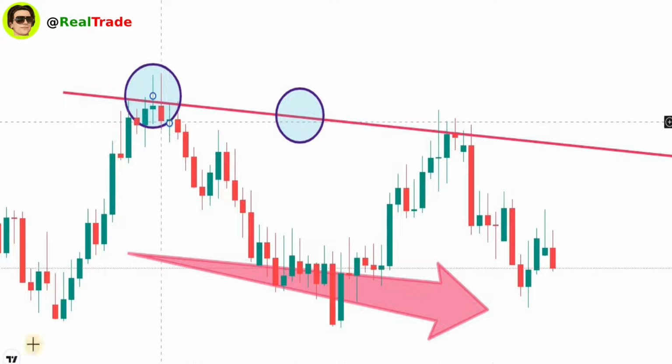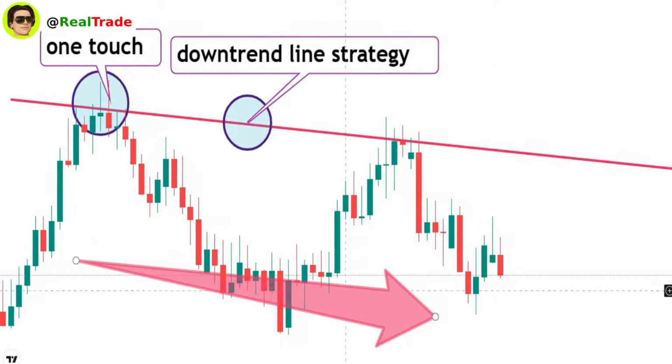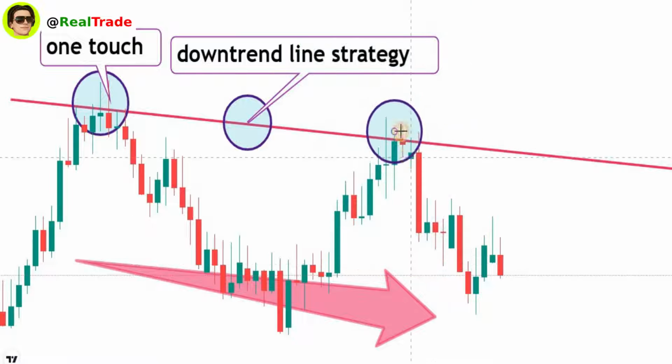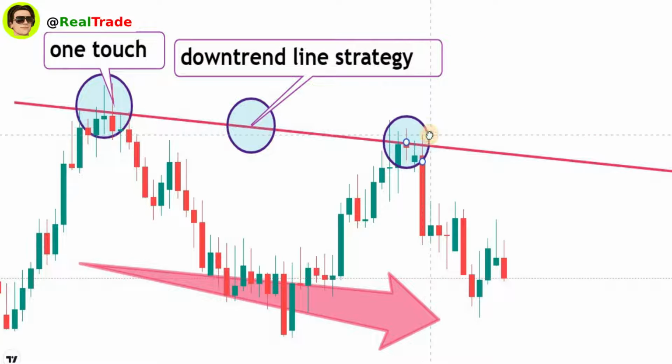One touch, touch price and back price, return price. Price goes sell. After one touch, two touch. Again back price.